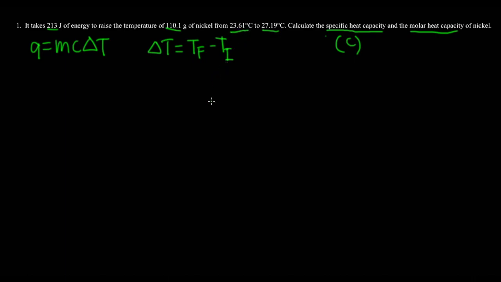So once you have all the numbers, all you have to do to solve for the specific heat capacity is plug them all in. So for Q, we have 213 joules equals m, which is 110.1 grams, c, which is what we're trying to find, and our ΔT, which is our final temperature minus our initial temperature.